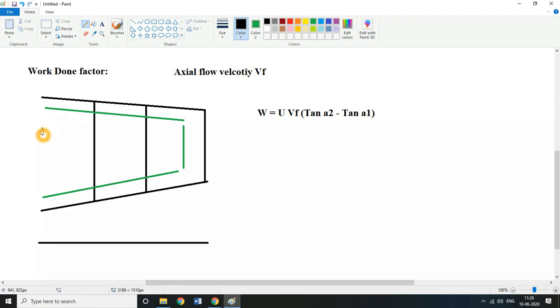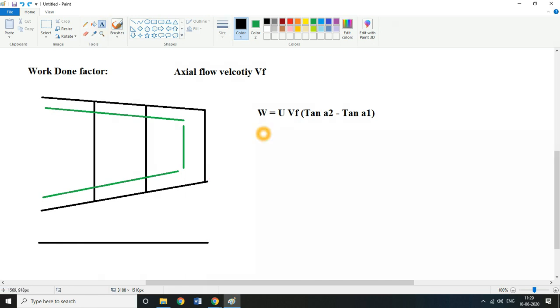Initially it will be here, then in the second stage here and here. Because of this variation, the boundary layer will not be uniform. With that consideration, the overall work done will not be equal to the theoretical work done.